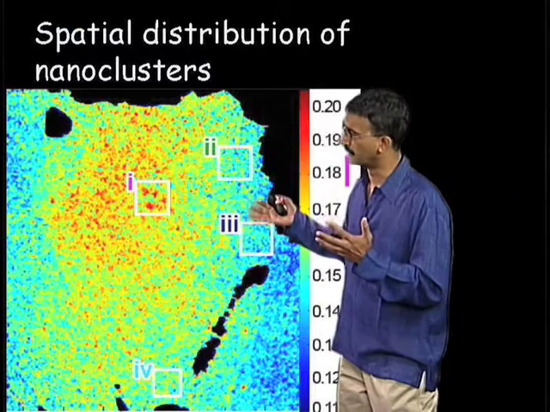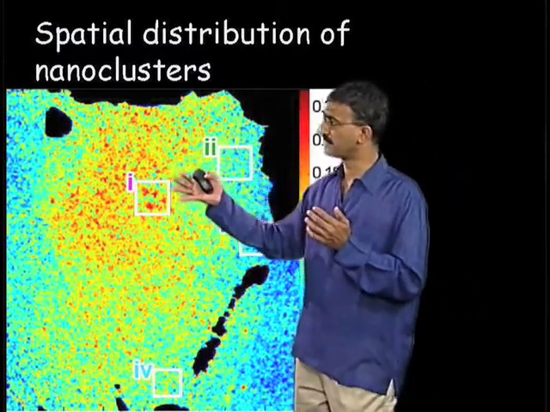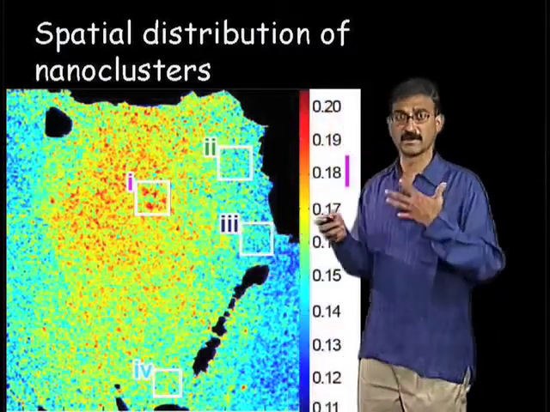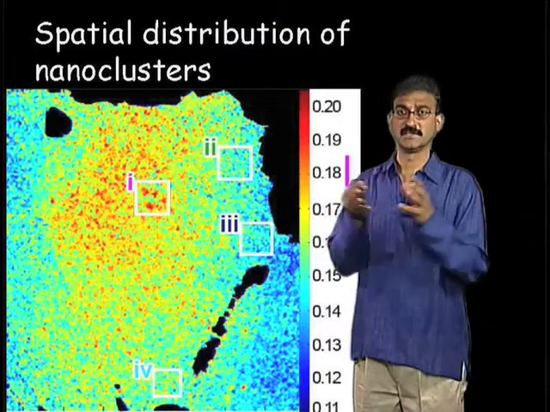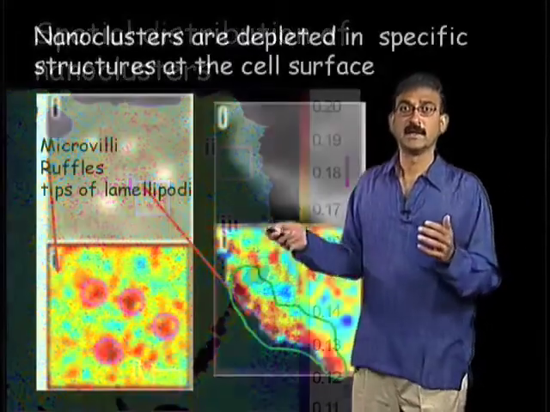There is a region of low FRET and a region of high FRET, which correspond to regions where these clusters of these GPI-anchored proteins are enriched or depleted.